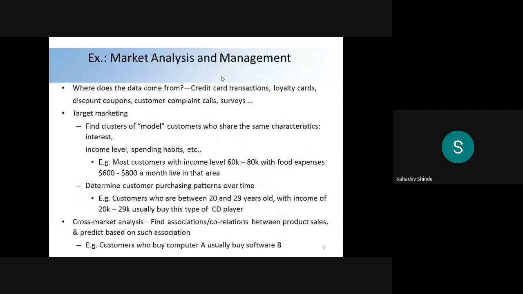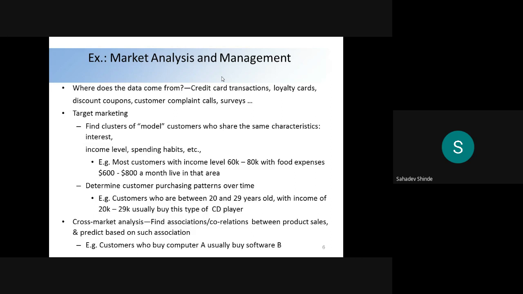So in market analysis, where does the data come from? Credit card transactions, loyalty cards, discount coupons, customer complaint calls, surveys. All these are the sources for the data here, meaning in the market, from where the actual data is coming.